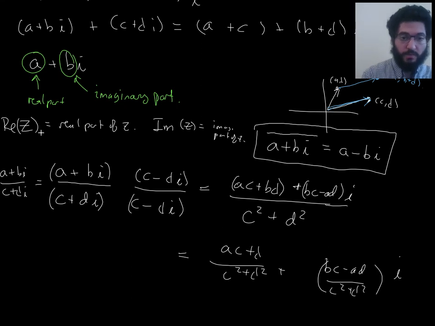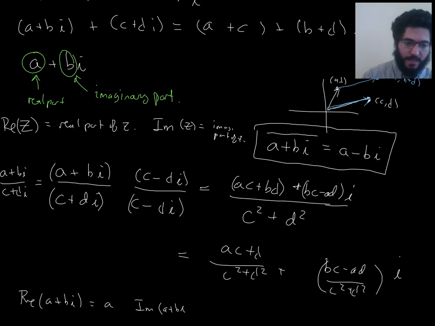So again, they are both real in the end. If you do Re of a plus bi, then that's a. If you do Im of a plus bi, then that's b. It's not bi, it's b. So they are both real. They're just picking out the components. Think of Re as saying, how far over is this point? And Im as saying, how far up is this point? And they can be negative, which means you're over to the left or down, actually.